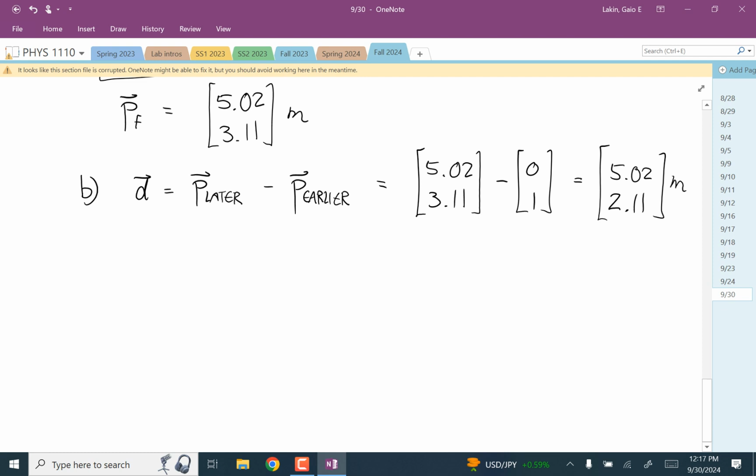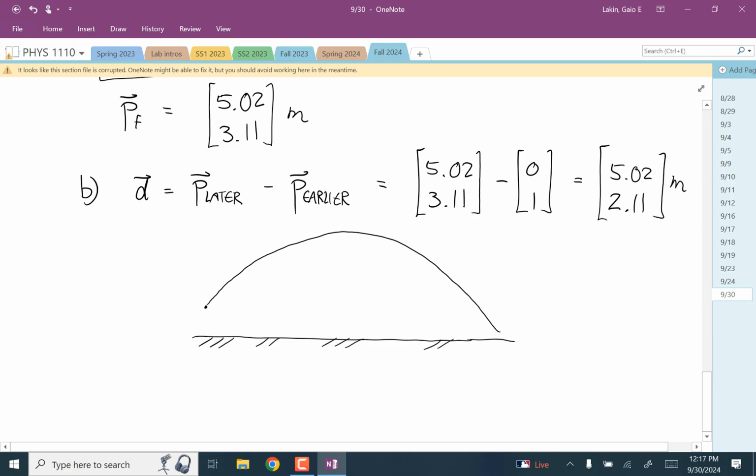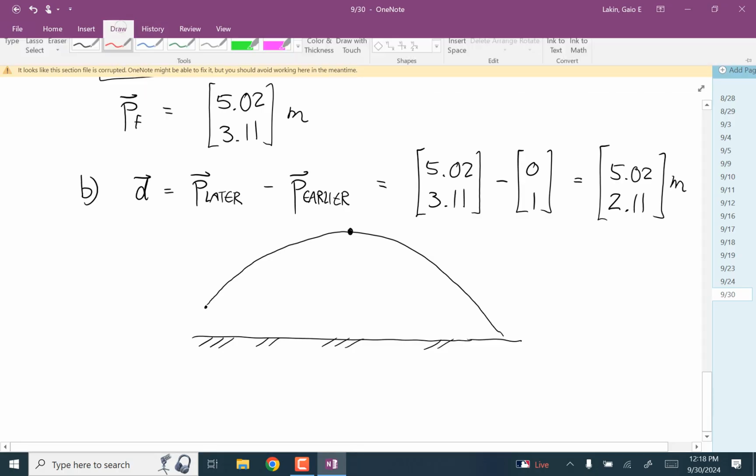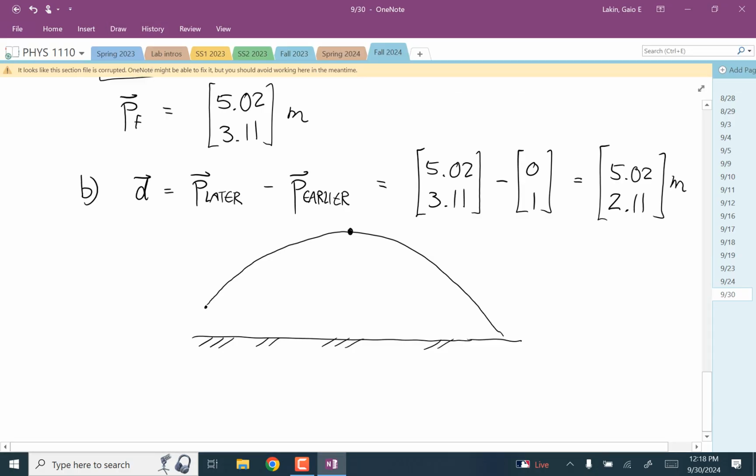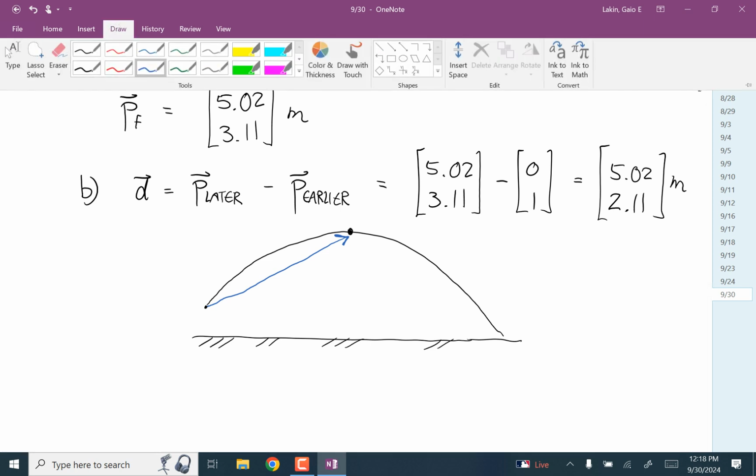Okay, so let's visualize what that means. Let's say that this object follows a path like this. The displacement vector is the vector from the earlier location to the later location. So this is the displacement vector. Notice that's not the same vector as the position vector.